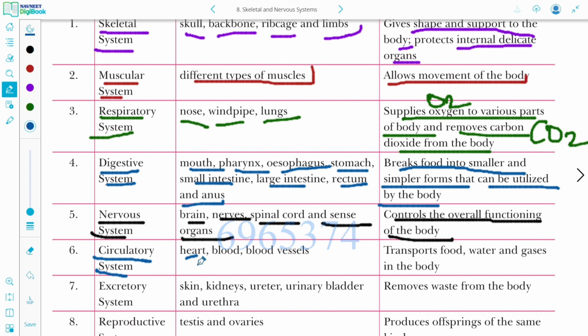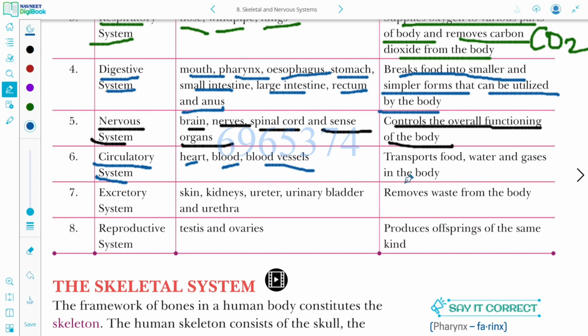In this, heart, blood and blood vessels are involved, and the main function of circulatory system is to transport food, water and gases in the blood. Next is excretory system, in which skin, kidney, urinary bladder and urethra take part. The basic function is to remove waste from the body.